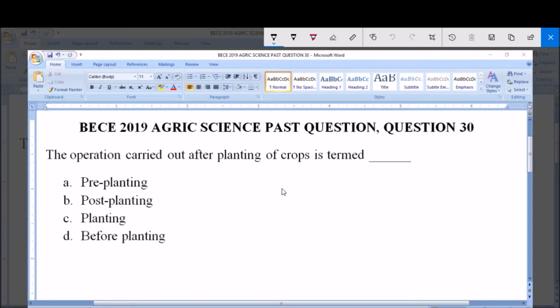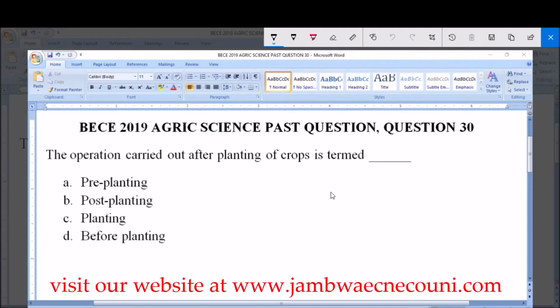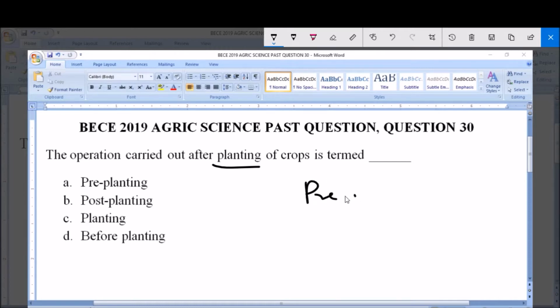Now, like we know in agriculture, a part of agriculture is crop cultivation, that is planting of crops. Now, there are various operations that are being done on the farm even before and after the planting process. The activities that are carried out on the farm before the planting are known as the pre-planting operation.